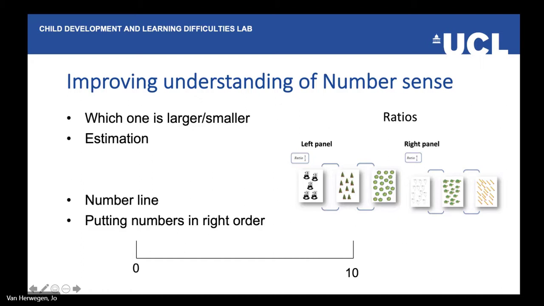So in terms of a number line, where does 3 go, where does 9 go? And being able to put numbers in the right order in terms of the amount or what they represent. So this all relates to your number sense.